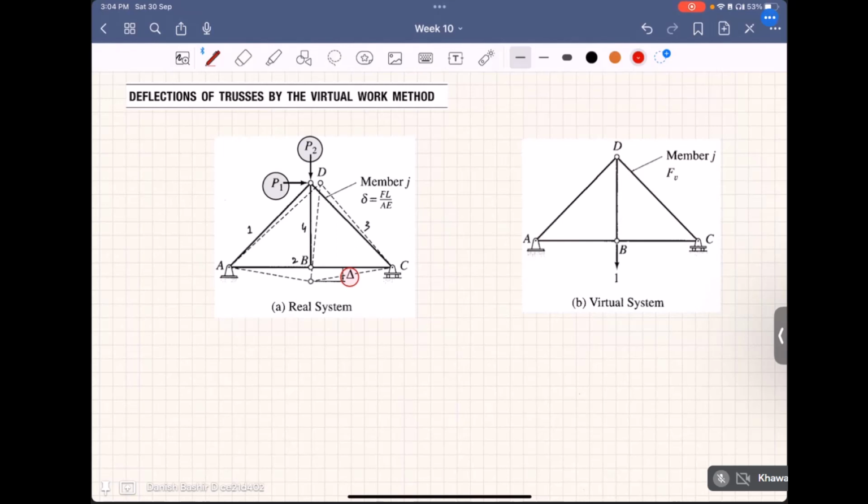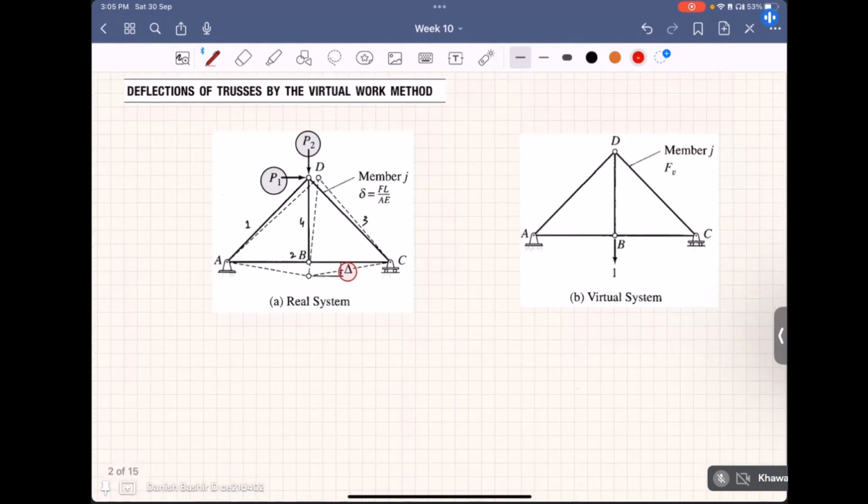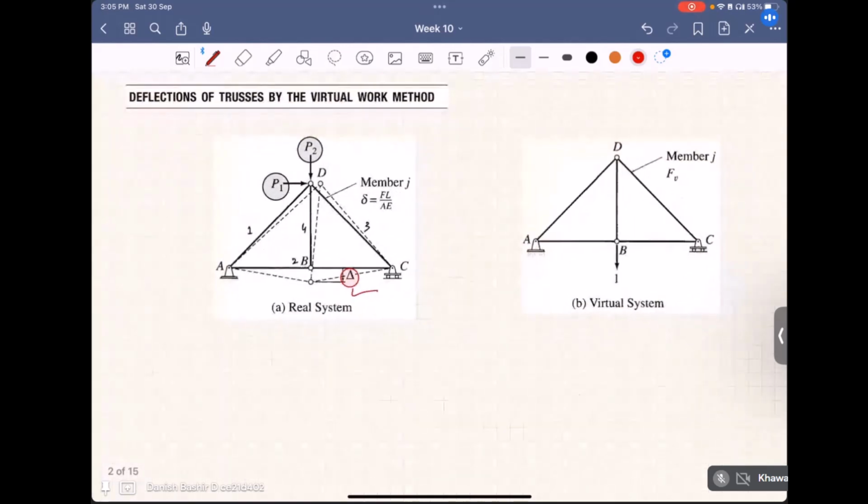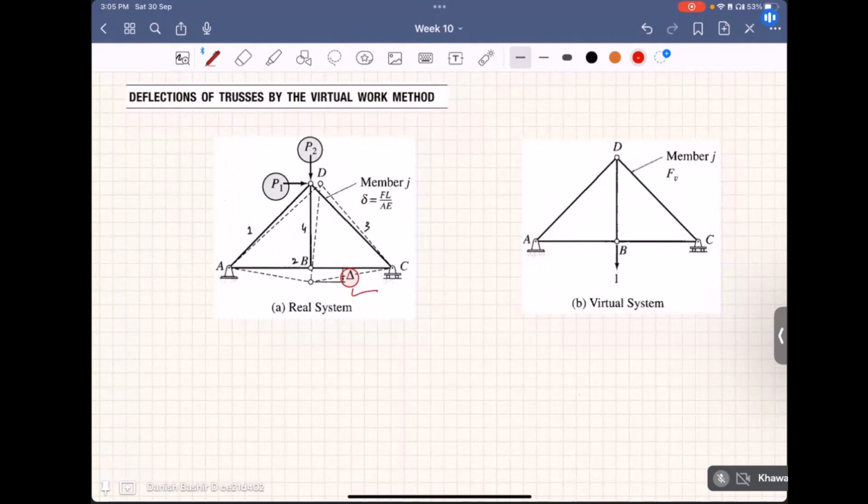So how will we apply the virtual work method so that we can get this deflection delta? From the last class, you remember the virtual work principle for deformable bodies, which states that virtual internal work is equal to virtual external work. I told you last class, virtual internal work is equal to virtual external work.